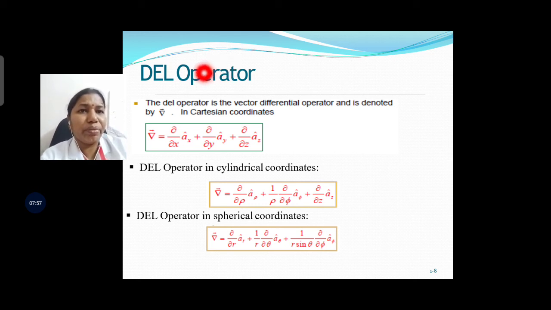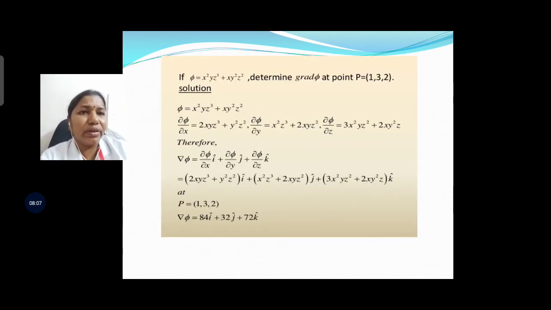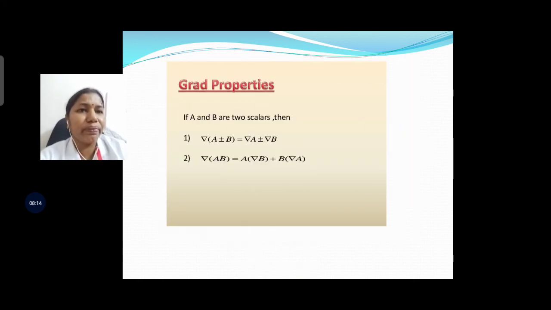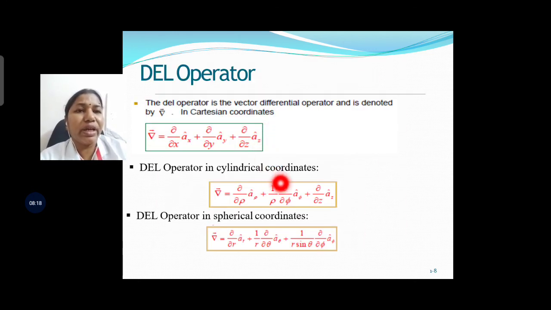So del operator is dou by dou x ax, dou by dou y ay, dou by dou z az. This is for Cartesian coordinate system. We have already studied. I have explained here x y z is Cartesian coordinate system. If you refer, two more coordinate systems, one is cylindrical, another one is spherical.